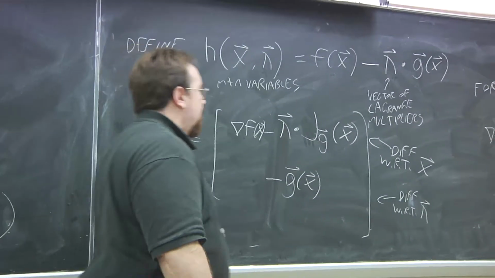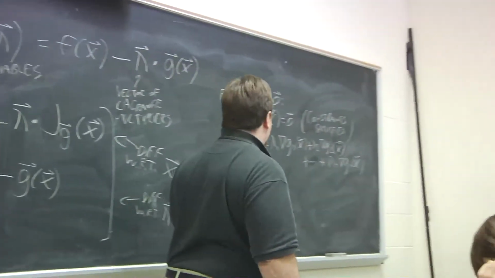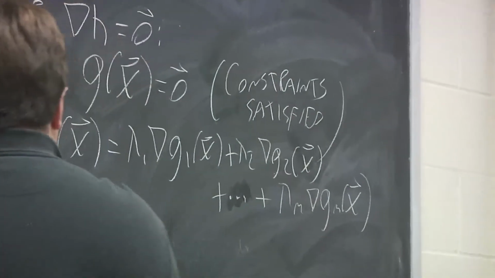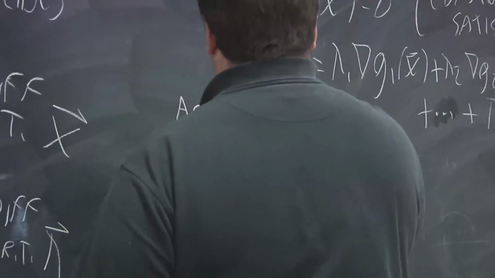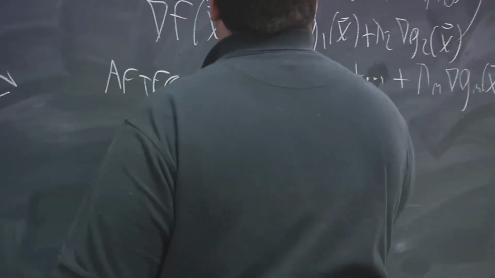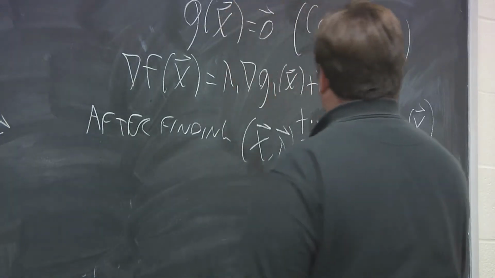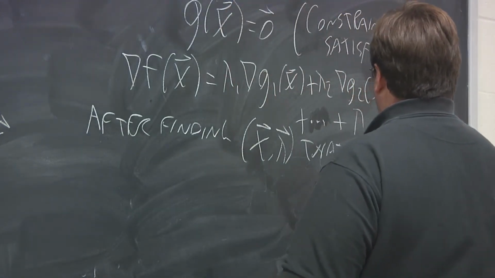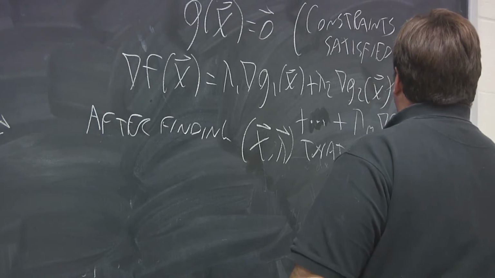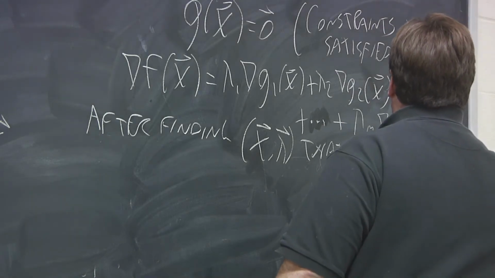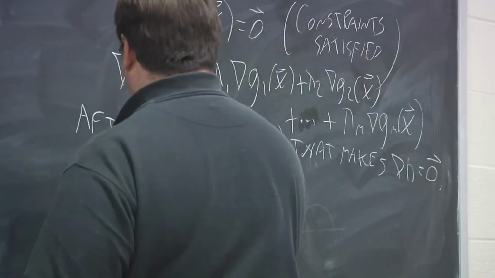So now what you can do, though, once you find any x and lambda combination that makes the gradient of h equal to 0, here's what you can do.